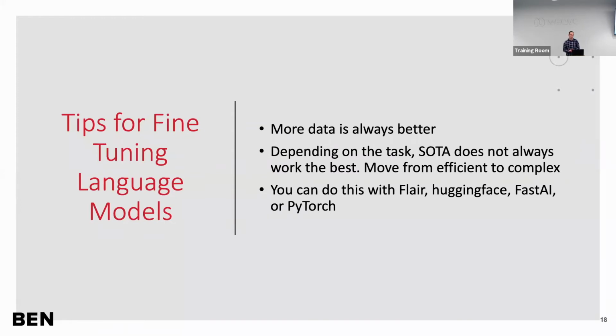So one thing that I would recommend when working with language models is starting with the most efficient, quickest model you can find, see how it works, and then slowly work your way up from there. Don't just jump into the deep end and try to use BERT because it's cool to use BERT. Efficiency is very important when using language models.